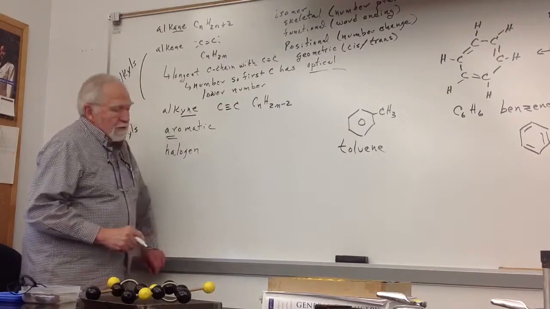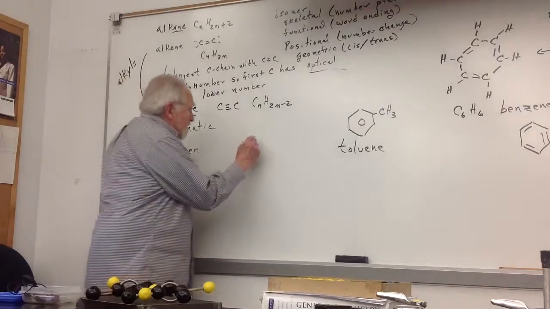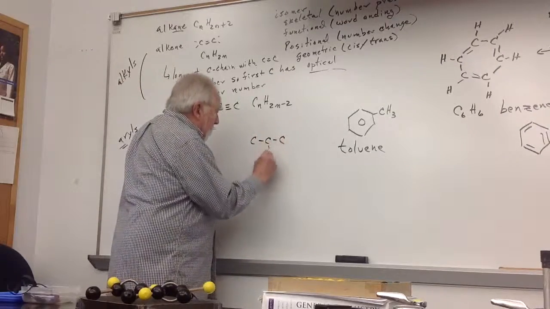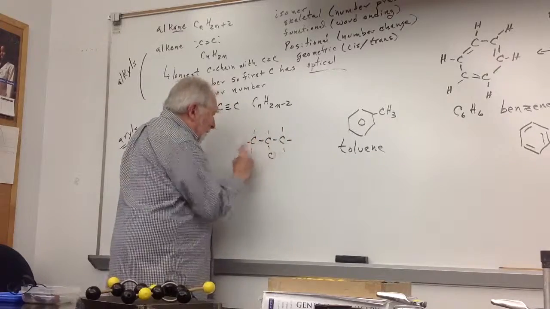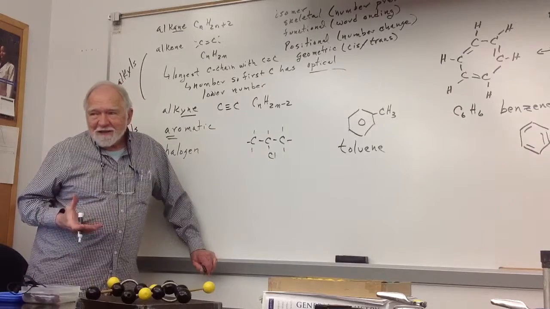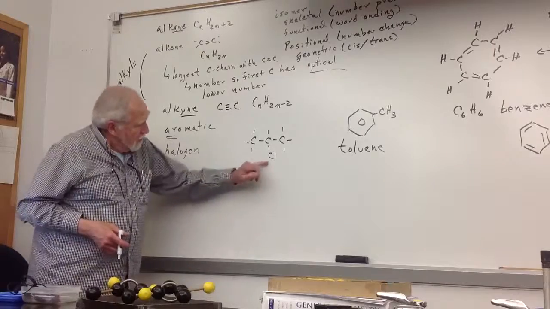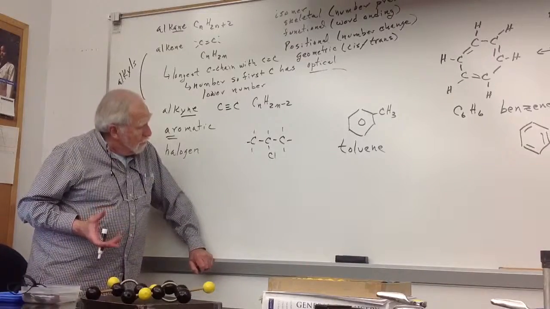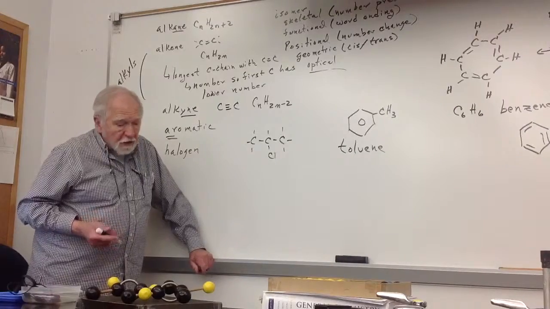In other words, I'm going to start doing halogen substituents. When I do something like this, this is a chlorinated hydrocarbon. You hear about things like this destroying the ozone layer or whatever. So this is 2-chloropropane.